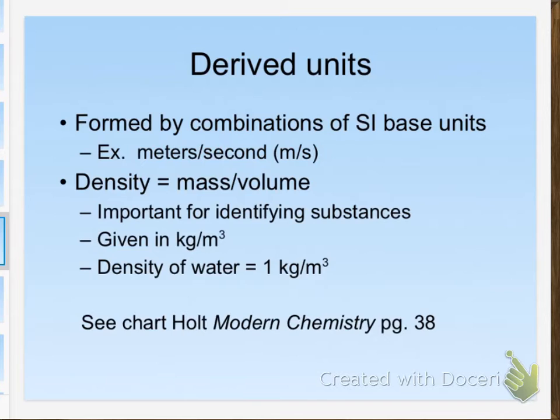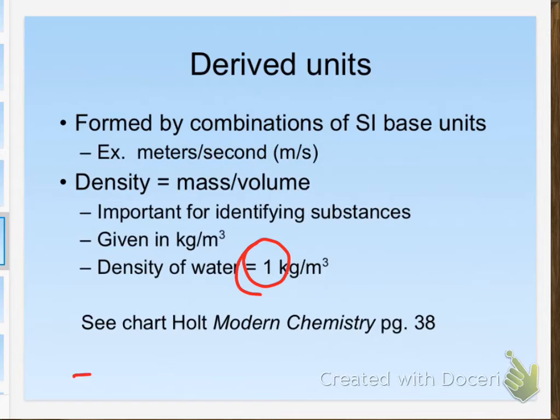The most common measurement for density is kilograms per cubic meter, though tomorrow you'll be doing grams per cubic centimeter. The density of water is 1, and so it's a nice benchmark. We can compare things as being more or less dense than water.